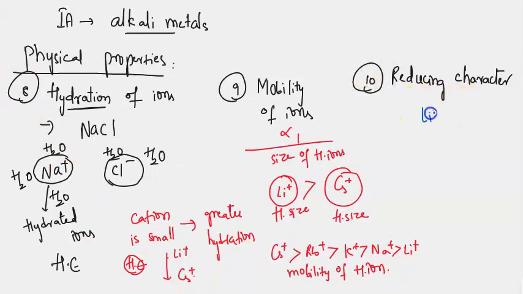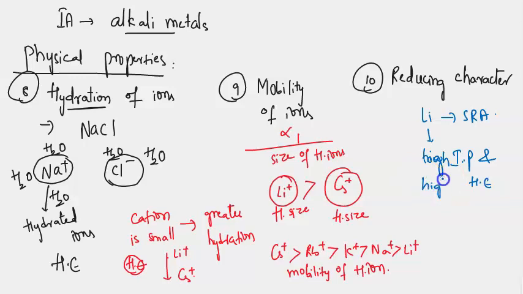Among all the alkali metals, lithium is said to be the strongest reducing agent. This property mainly depends upon the ionization potential and hydration energy.